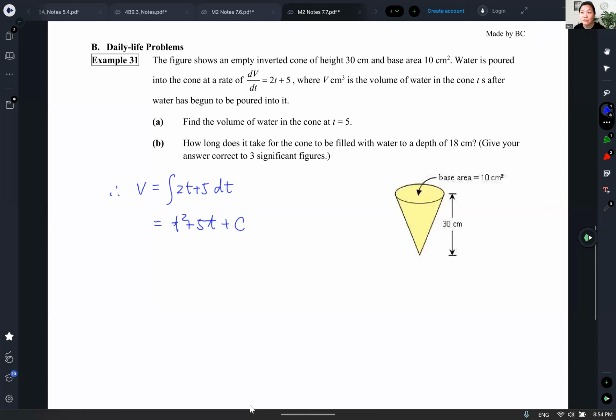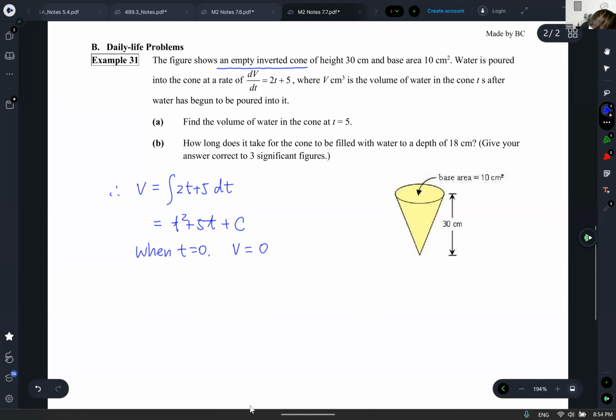Okay, so I found V. Still, I need to find the constant. The constant you can find from the first sentence, empty inverted cone. So at first it's empty. So when t equals 0, V equals 0, therefore 0 equals 0 plus 0 plus c. Therefore c equals 0. And we can say that V equals t squared plus 5t.